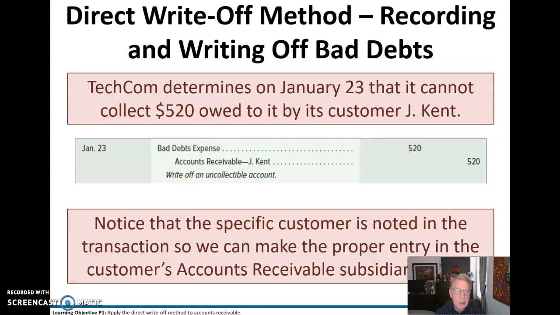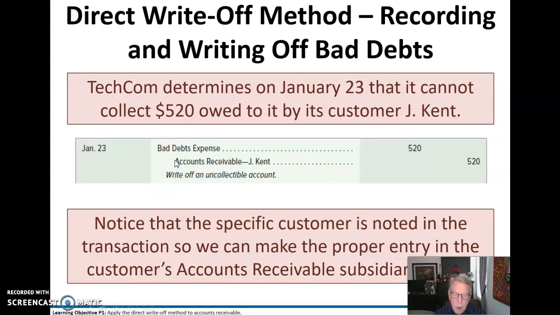And uncollectible accounts are referred to as bad debts. So TechCom determines on January 23rd that it cannot collect $520 owed to it by its customer, J. Kent. Okay, so what is it going to do? It's going to debit an account called Bad Debts Expense and credit accounts receivable to J. Kent.